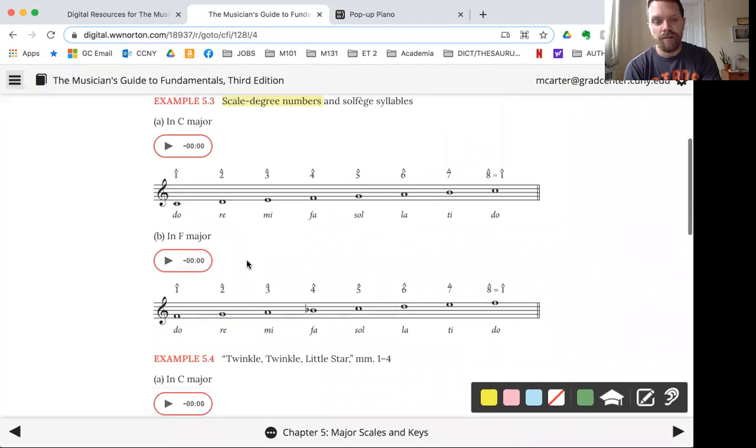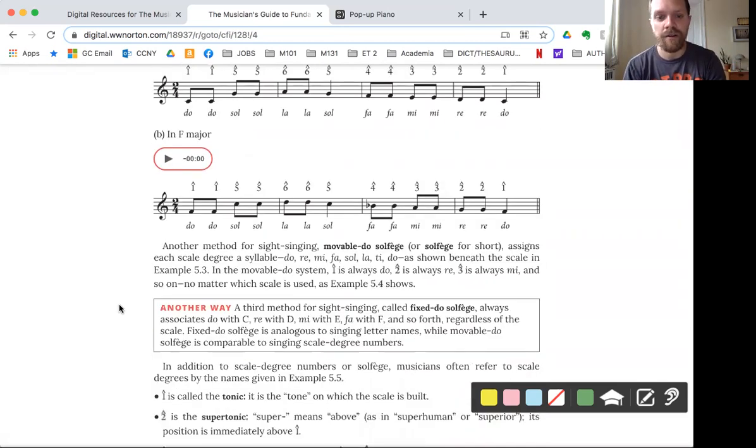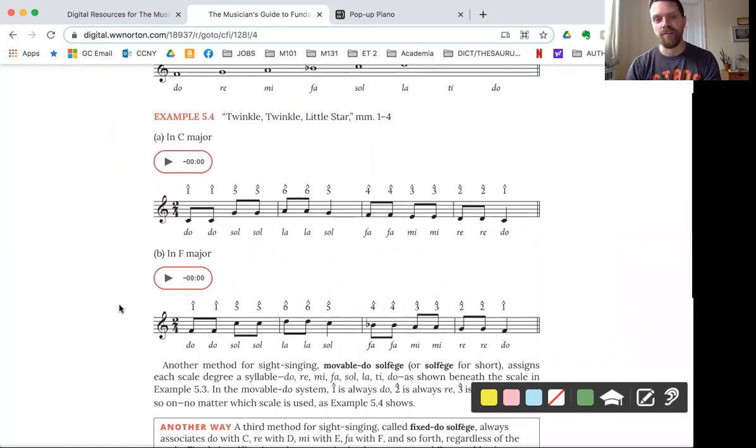If Twinkle, Twinkle, Little Star goes 1 1 5 5, instead of C C G G, I have to go F F C C, and so forth, right? This is what we call transposing a melody. You don't need to worry too much about that, but that's what this practice is: taking one melody or one scale and changing keys, taking the same patterns and changing where they start and end and everything in between is called transposing.